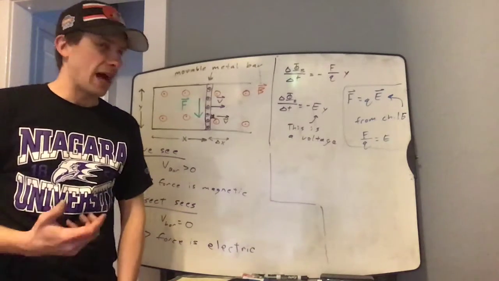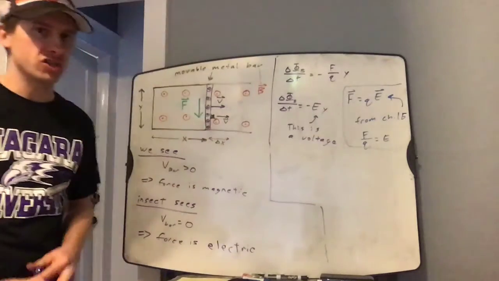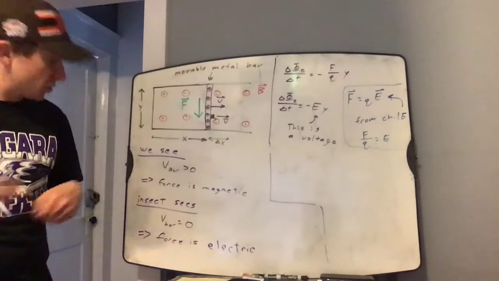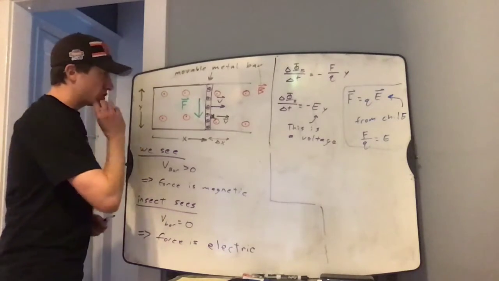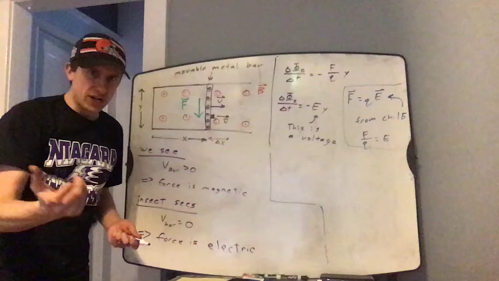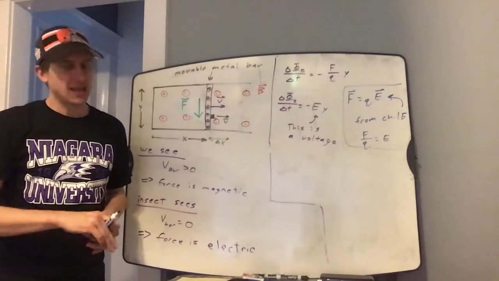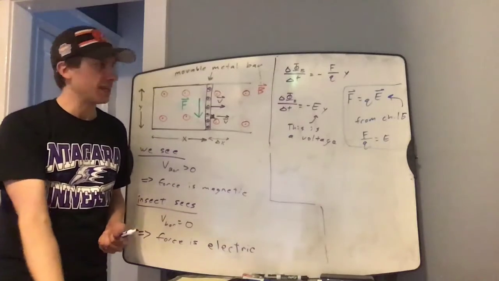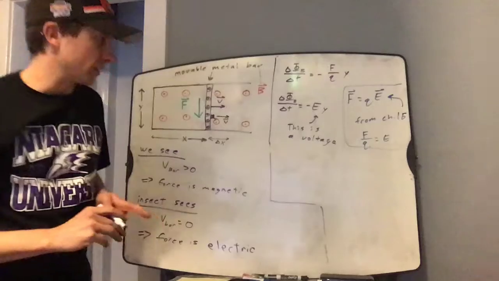That voltage I could think of as kind of like it sets up the electric field that causes the charges to move around the wire. So what we have here is the changing magnetic flux is creating a voltage, and that voltage is going to cause the charges in the wire to see an electric field and begin moving around.